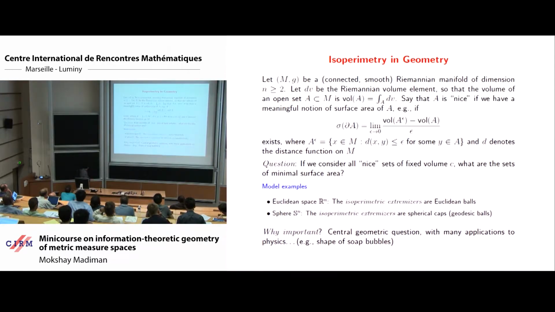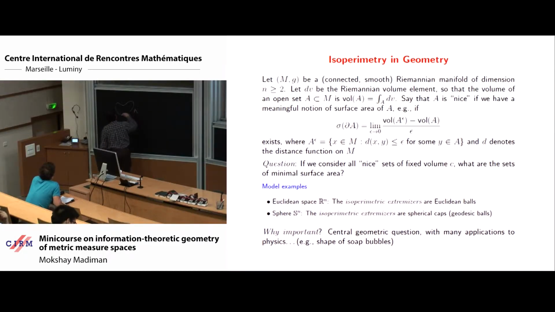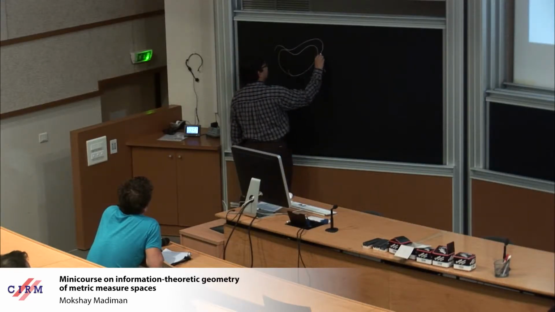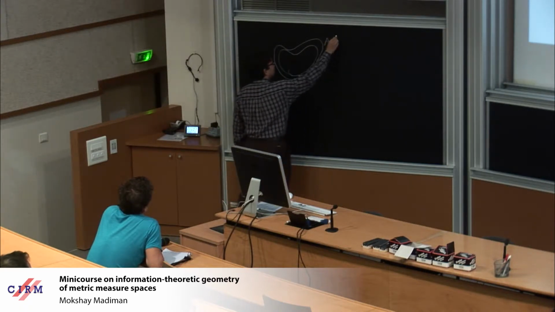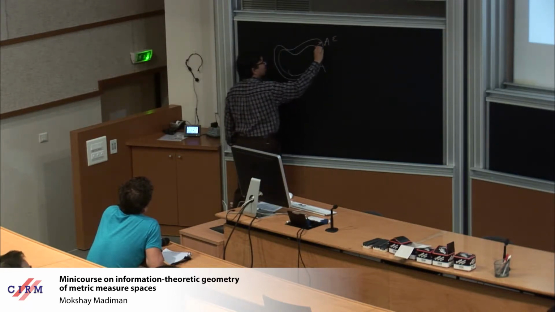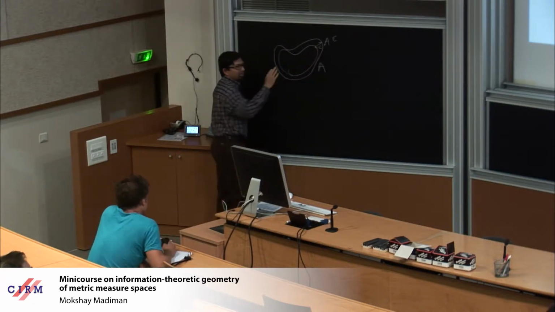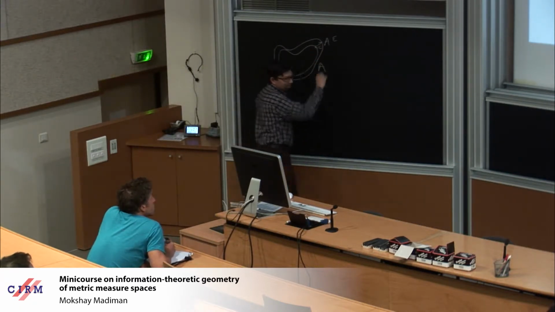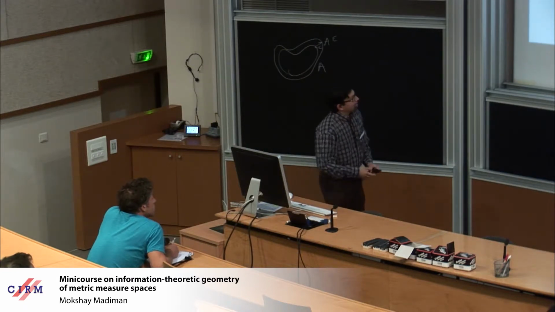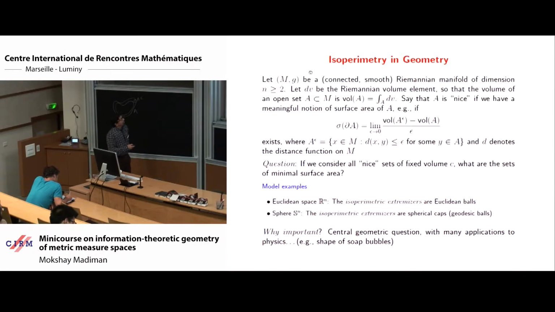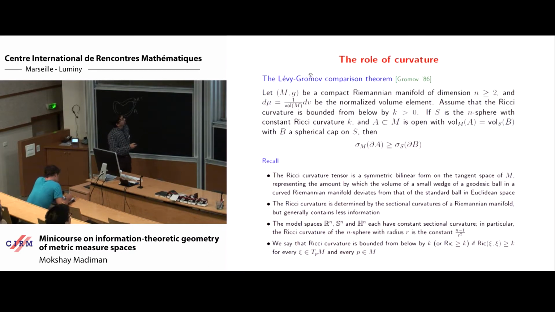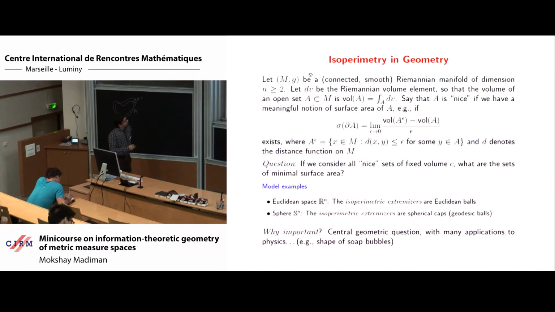Right? So in other words, let me use the board as well. You have some set A, and then the expansion of A is something like this, where you look at all points that are within distance epsilon of A. So if this is A, this is the expansion of A. So this is somehow the rate of expansion.